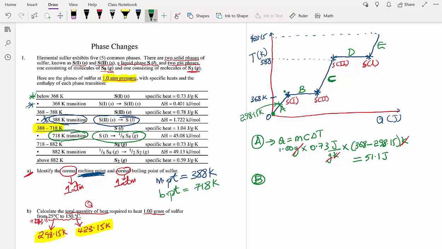For stage B, the temperature is not changing, which means that Q will be equal to M multiplied by the enthalpy change to go from the S1 form of sulfur to the S2 form of sulfur.